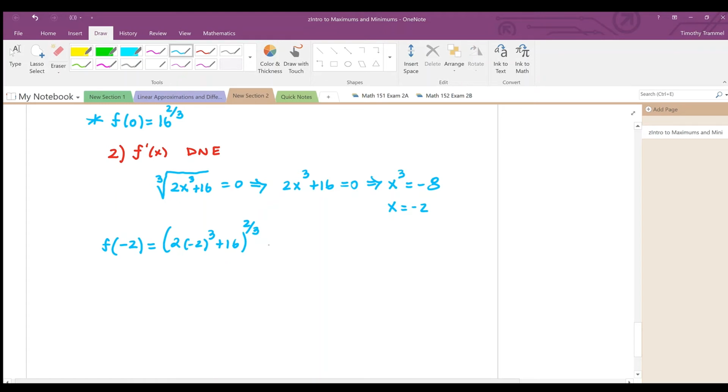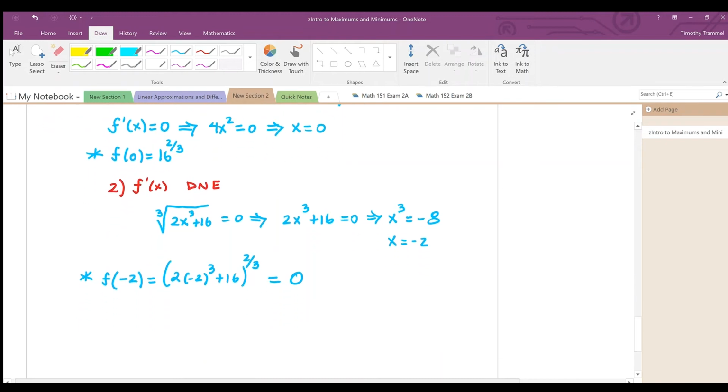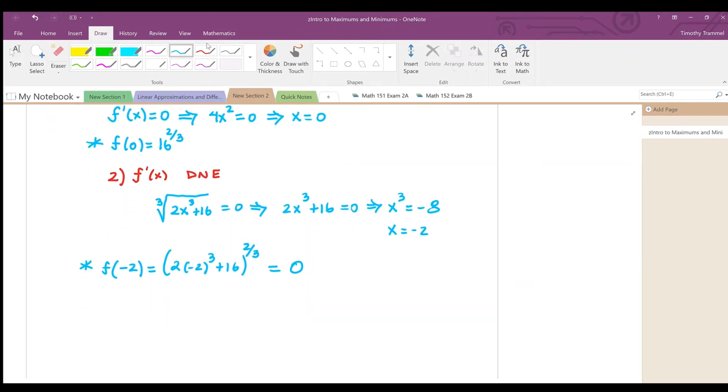So 0 to the 2/3, which is just 0. All right, and we have one more location to check. We've actually technically already checked this one, because that's where the first derivative was undefined.